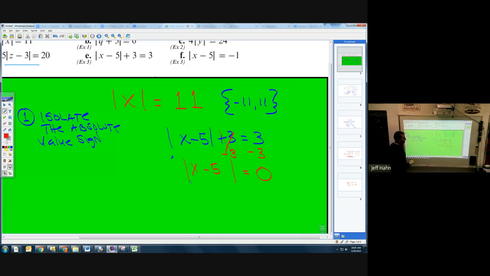All right? Maybe that's not funny. All right, step number 2. Once the absolute value sign is isolated, you have to write two, count them, two equations.